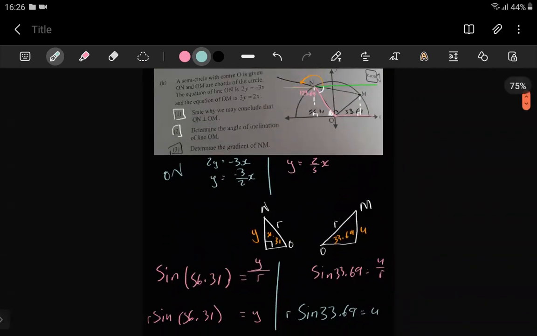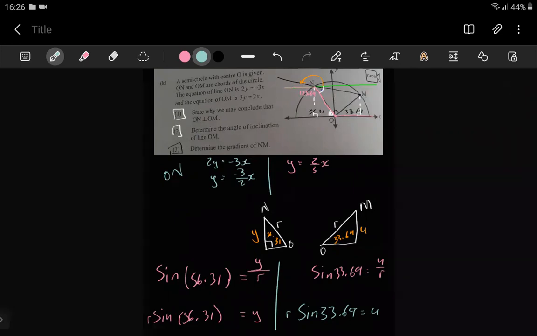I don't know if those distances are really helping us much. Technically this distance here is the y value of N, and the distance here is the y value of M. Do you see that?